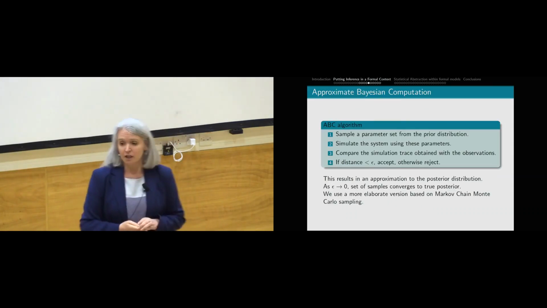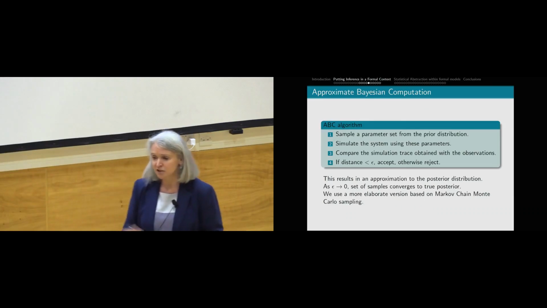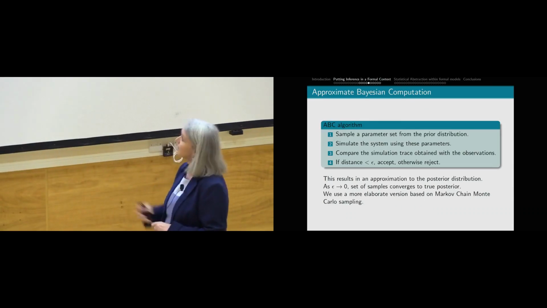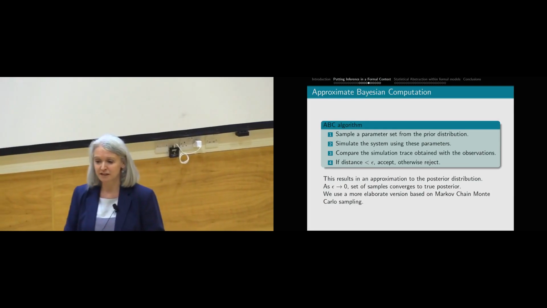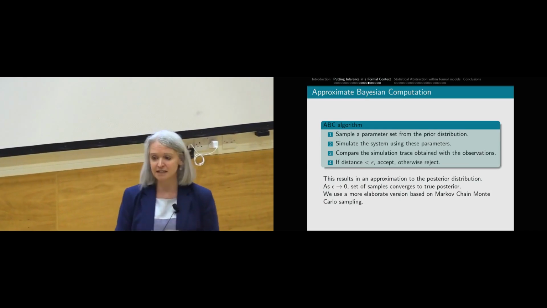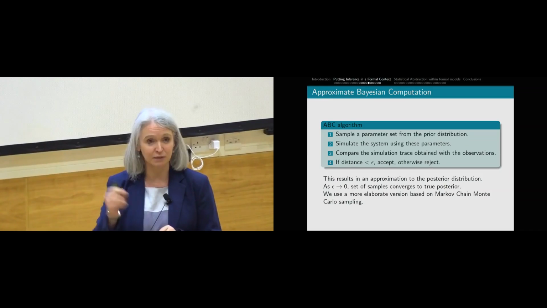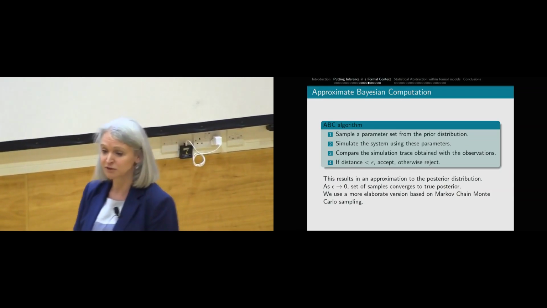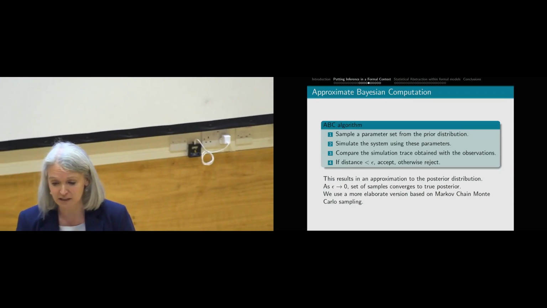So that's the very basic idea of approximate Bayesian computation. We use something slightly more sophisticated, but this is just to give you an idea. So we sample a parameter set from the prior distribution, simulate the system, compare the trace. If it's within the accepted distance, we accept it, and we just put that as a mark in our posterior distribution. And if not, then we reject.